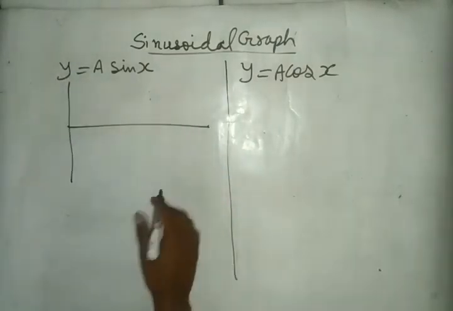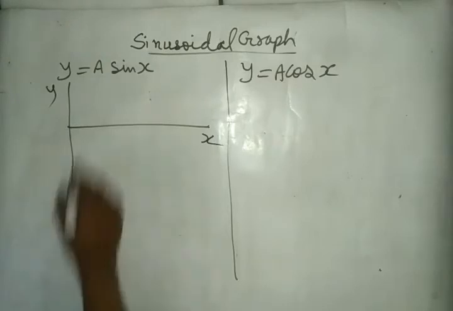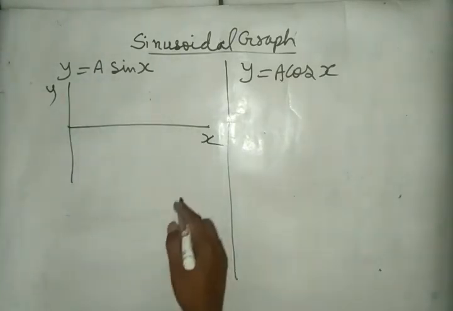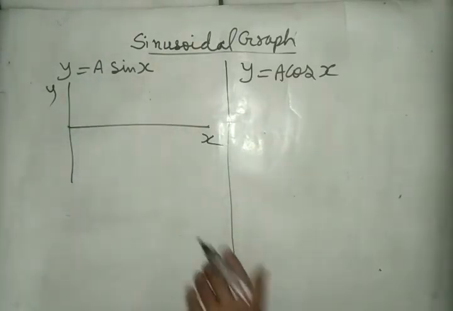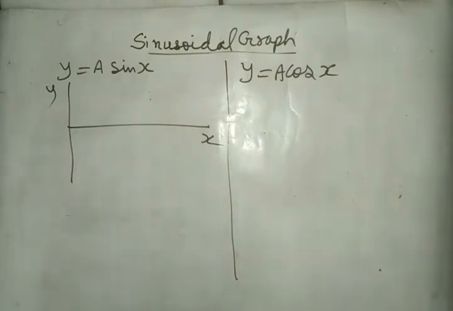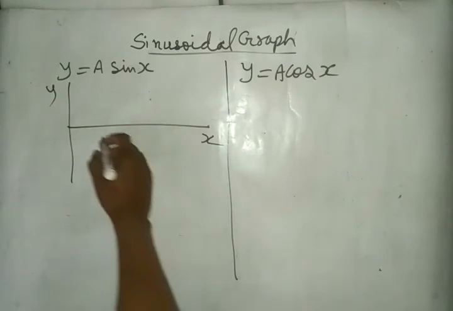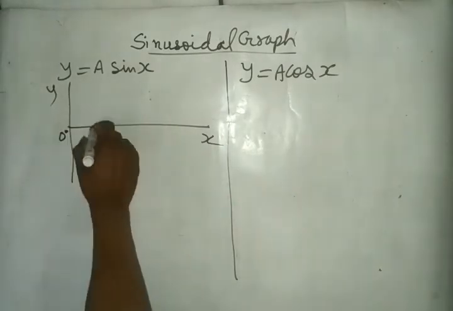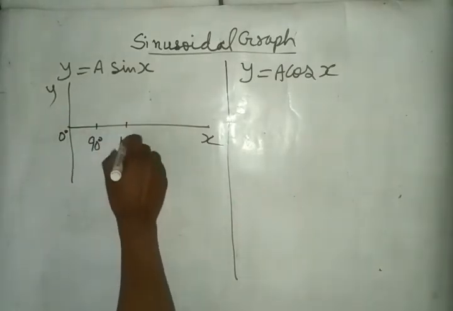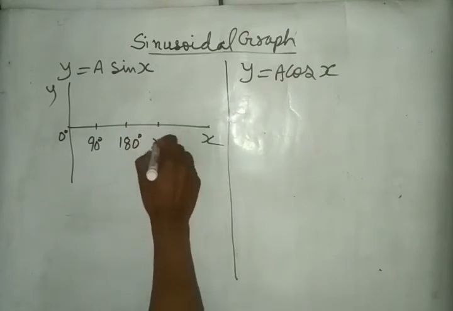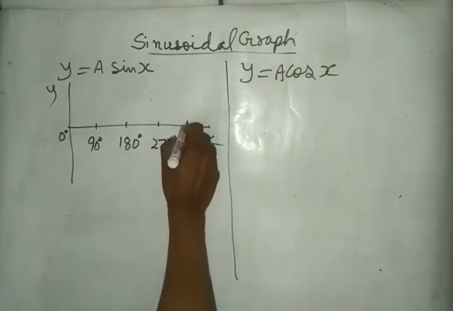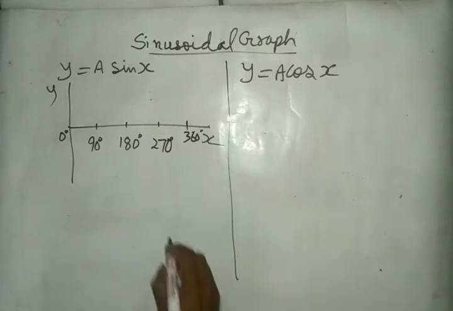Now what happens if x is here, y is here? The value of sine, x will represent, because sine is associated with an angle only. So x has the value of some angle. So here 0 degree, 90 degree, 180 degree, 270 degree, and 360 degree.